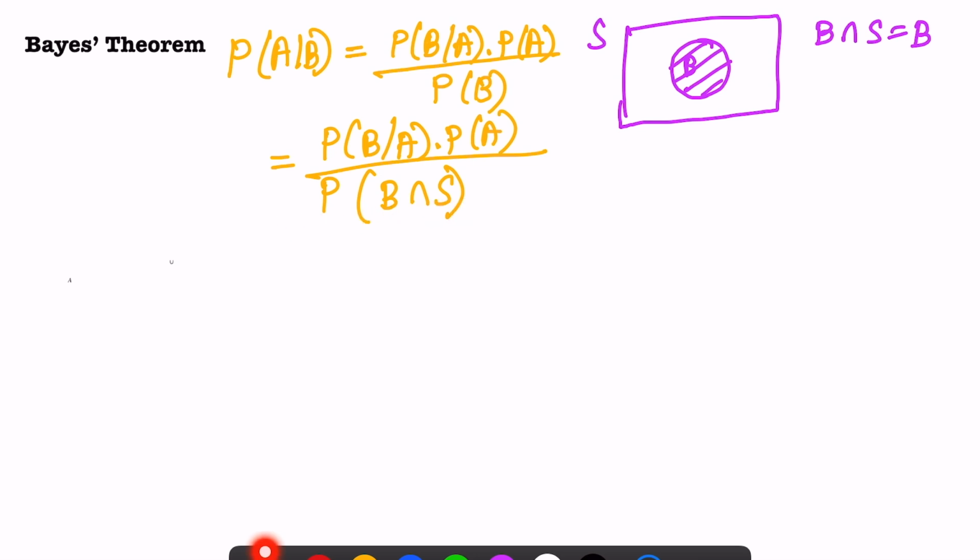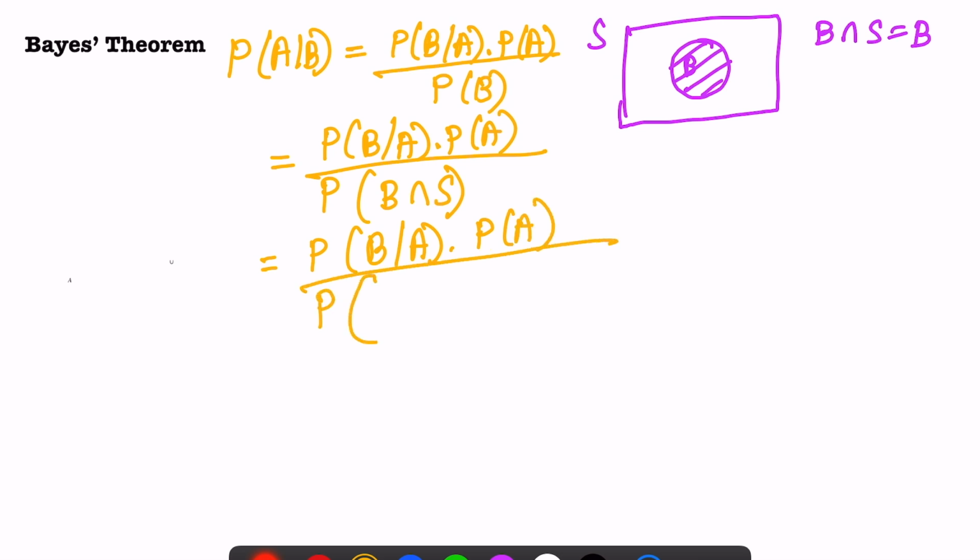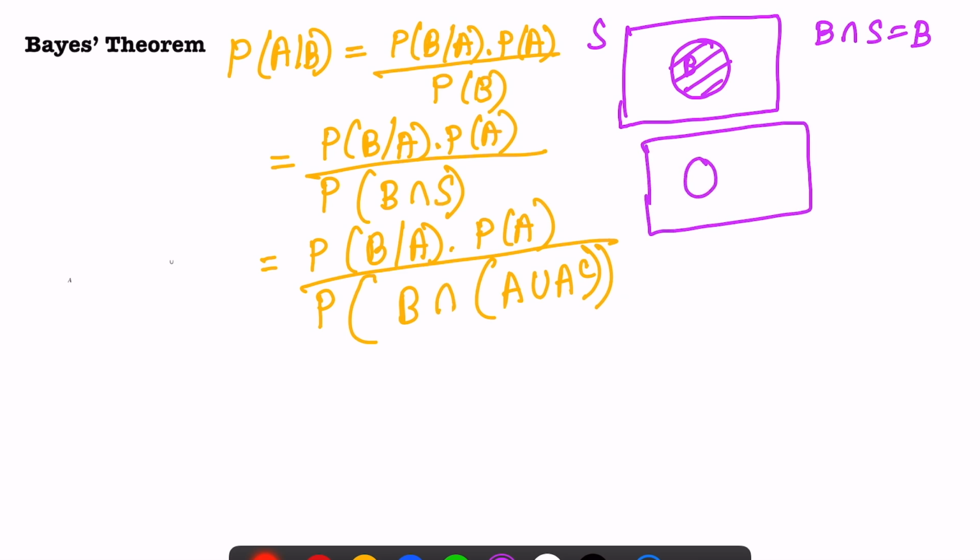Also we can write probability of B given A multiplied by probability of A divided by probability of B intersection. This sample space we can write as A union A complement, right? So basically if this is the sample space and this is A, this is A complement, right? So A union A complement is the sample space. Again, further simplify.